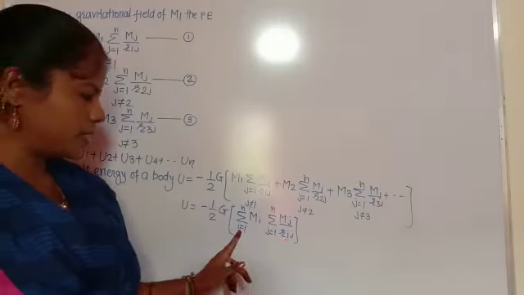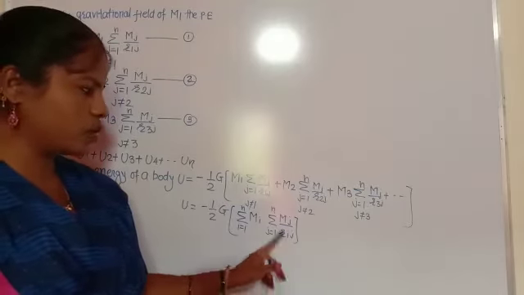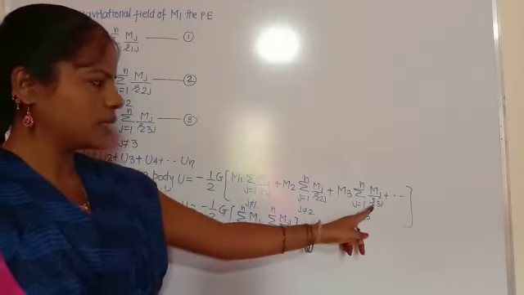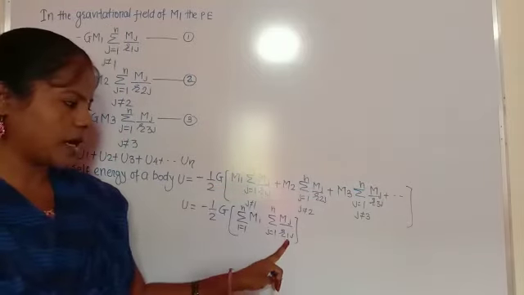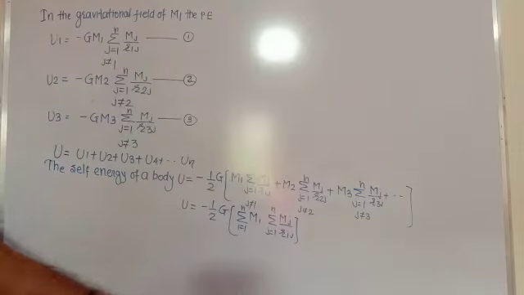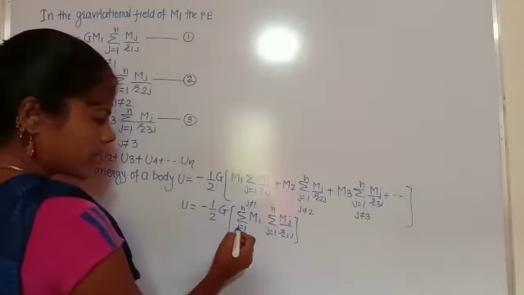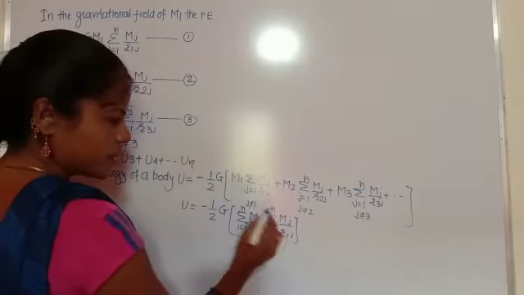Here i means 1 to n, and here also 1 to n means 1, 2, 3, 4, 5, 6 up to n. So that's why we take rij here, with i equals 1 to n and j equals 1 to n.